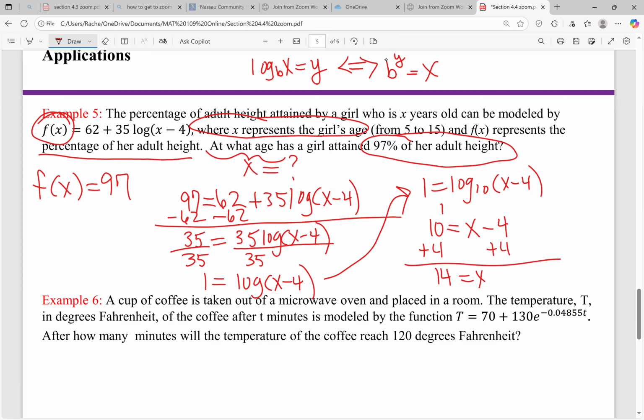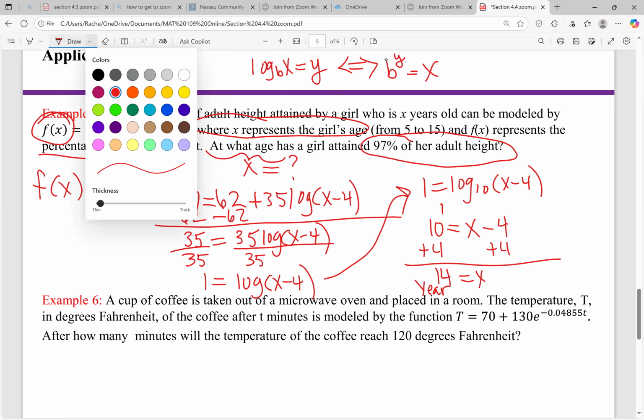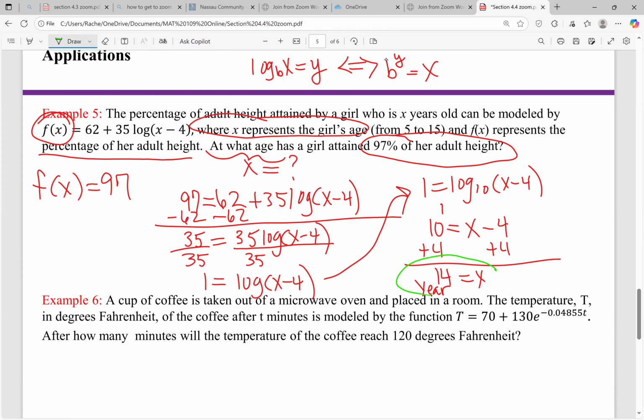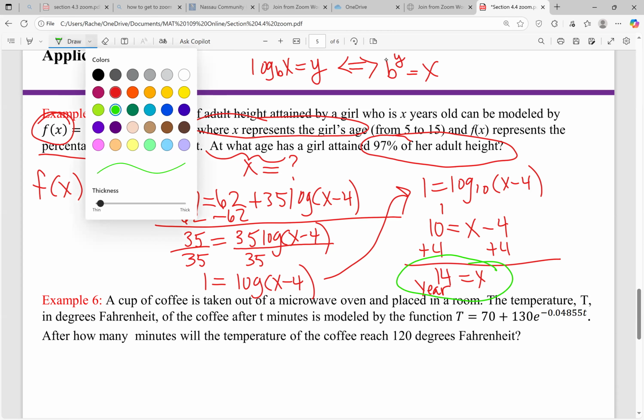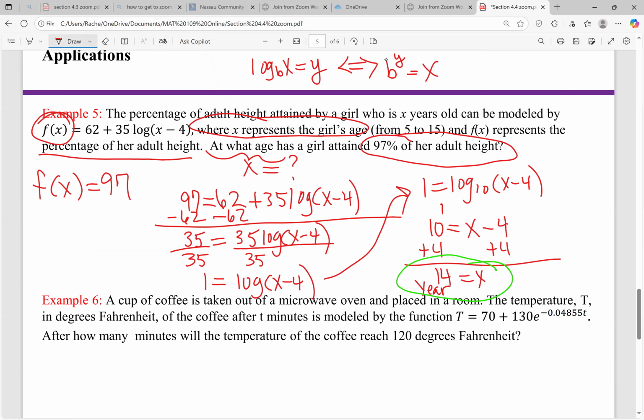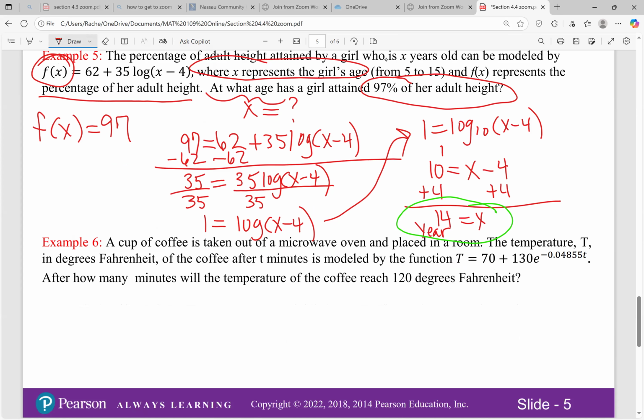And we're talking years, right? So a 14-year-old has attained about 97% of her adult height based on this model. And that would be the solution. So 14 years old. So just another example of how to solve a log equation, but in terms of an application question.